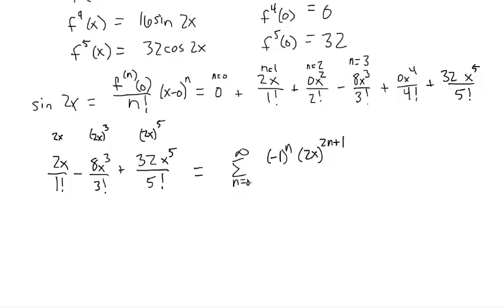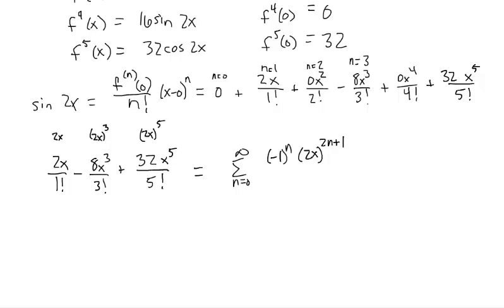So when n is 0, the top would be 2x, because negative 1 to the 0 is positive 1. And then we would have 2x to the first, which is our 2x. And then when n is equal to 1, we'd have negative, which gives us our negative.